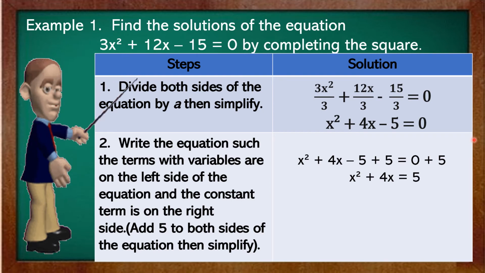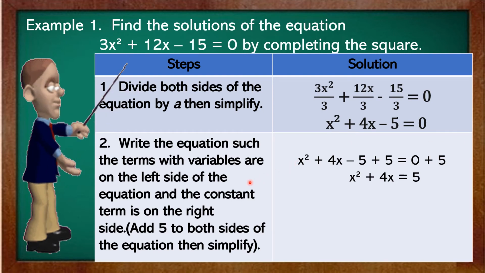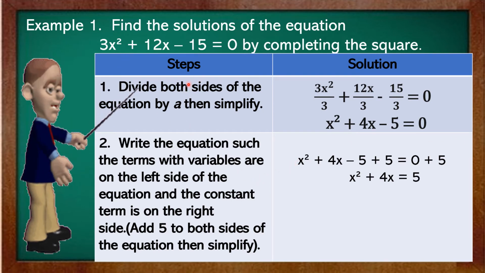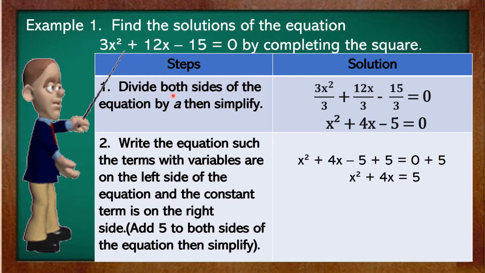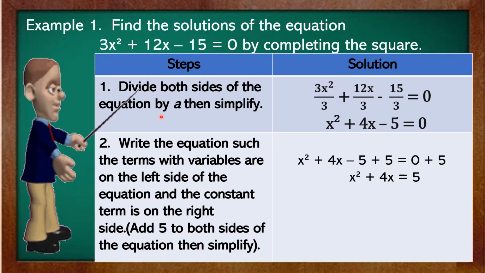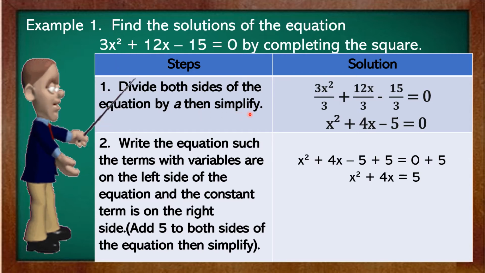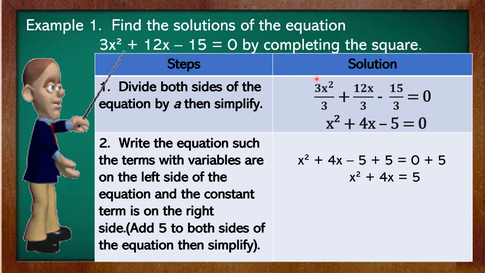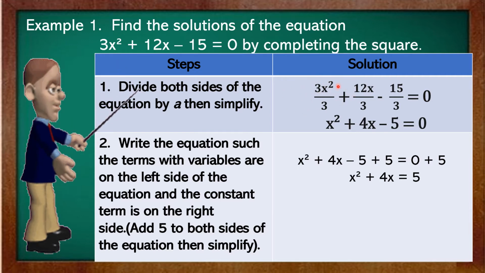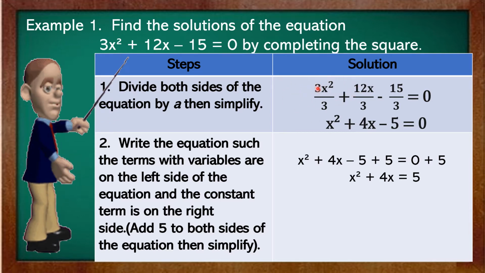Let us follow the steps. Step number 1. Divide both sides of the equation by a, then simplify. So our a here in 3x squared plus 12x minus 15 is the coefficient of the first term. And the coefficient of the first term is 3.